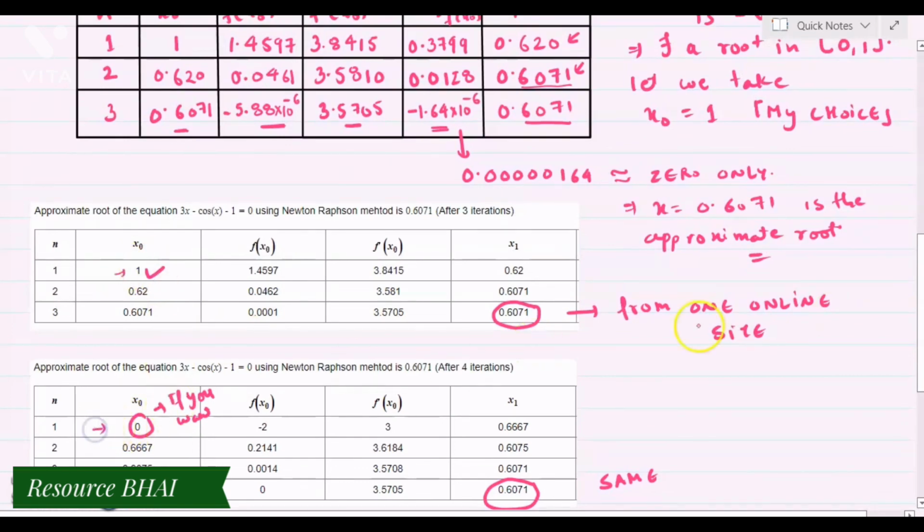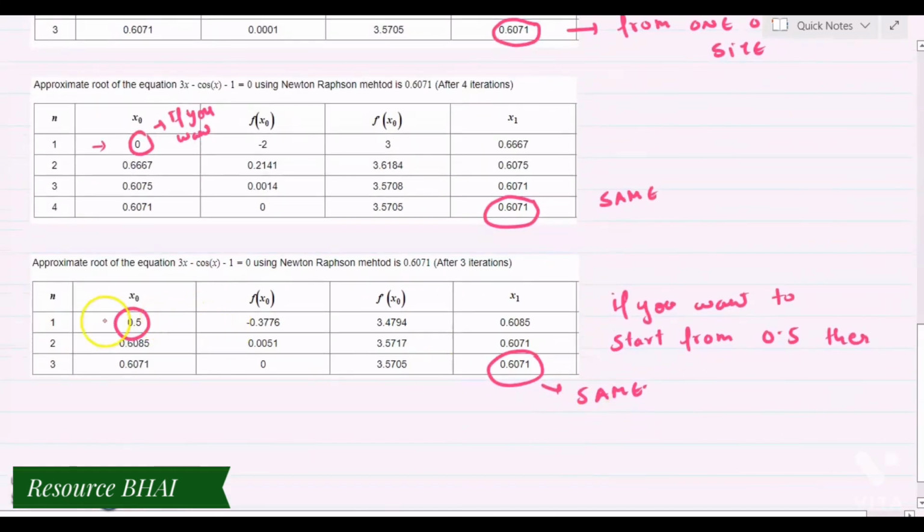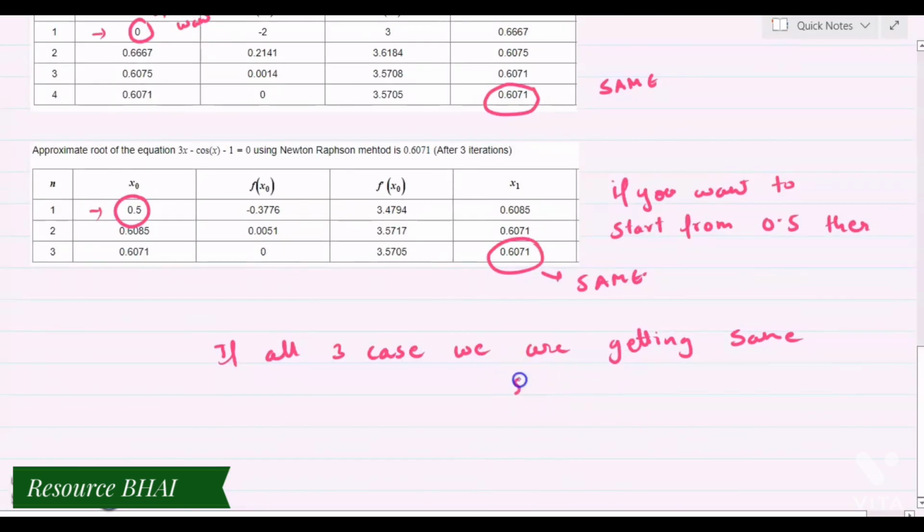So let us note it down. In all three cases we are getting the same solution. Let us decide that generally we will start from the value 0.5, that is the mid value of the interval.